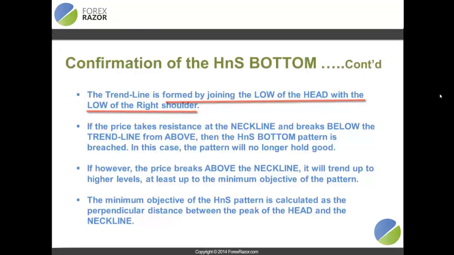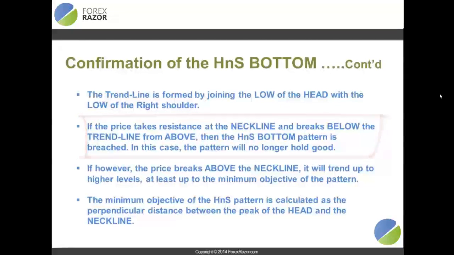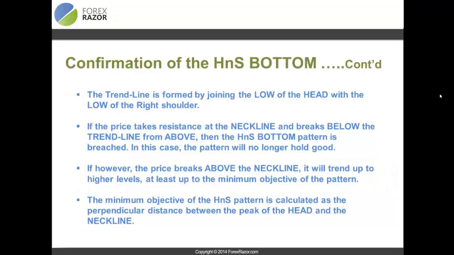If the price takes resistance at the neckline and breaks below the trend line from above, then the head and shoulder bottom pattern is considered to have been breached and will no longer hold good. If, however, the price breaks above the neckline, it will trend up to the higher levels, at least up to the minimum objective of the pattern.